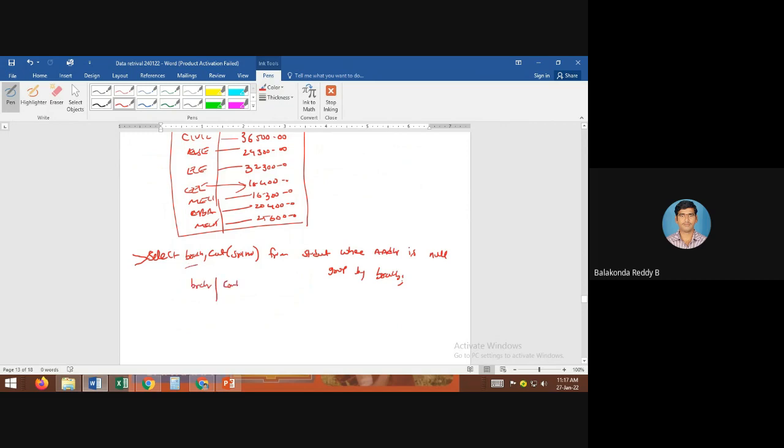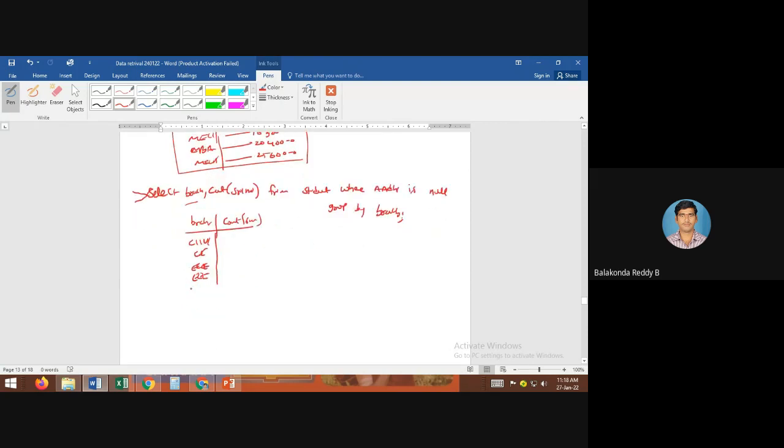Branch, count of roll number: civil, CSE, ECE, EEE, mechanical, MBA, MCA. So this is the respective count of those who are not having an Aadhaar number.